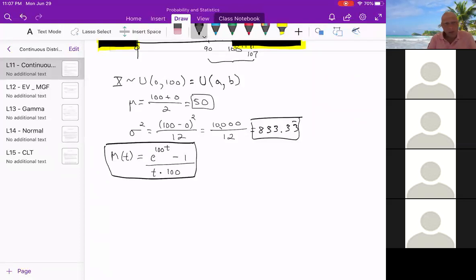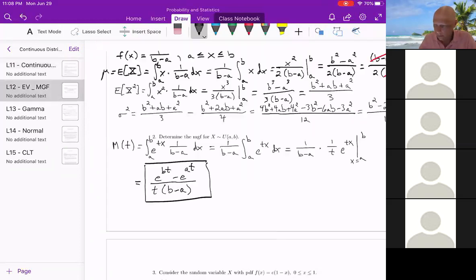And that would be our MGF for the distribution in problem 4 for this handout. Again, this isn't asked for on this handout. I'm just using the opportunity to demonstrate it a bit more than what is on the handout. So that's it. We've determined the MGF. It doesn't have us make use of it here.